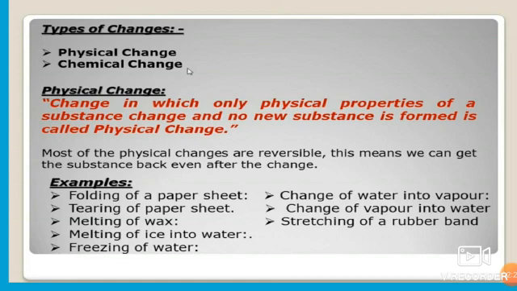Most of the physical changes are reversible. That means we can get the substance back even after the change. For example, folding of a paper sheet, tearing of a paper sheet, melting of wax, melting of ice into water, and many more.